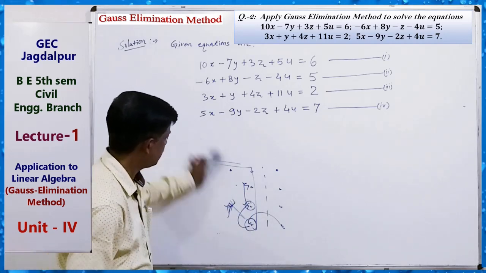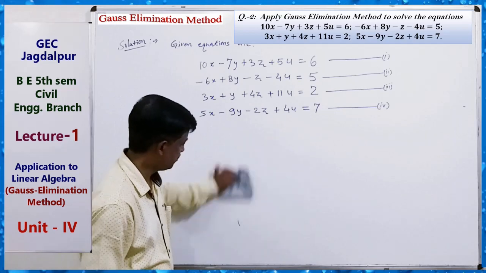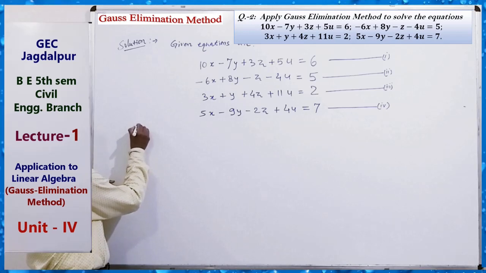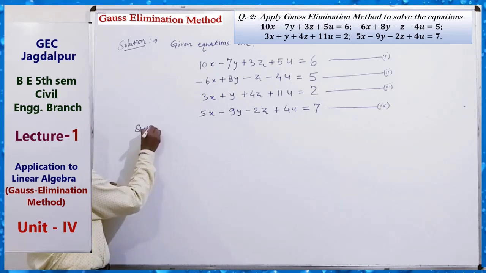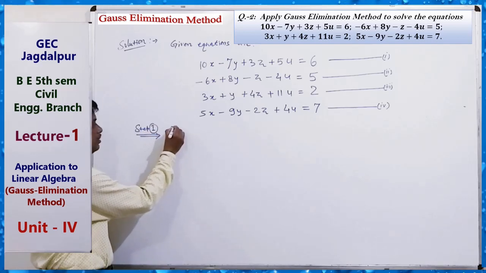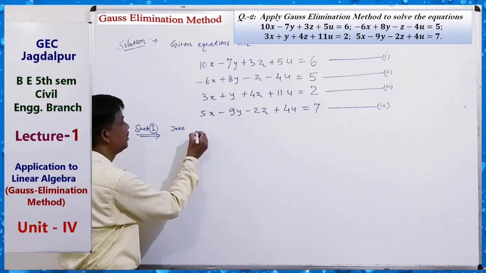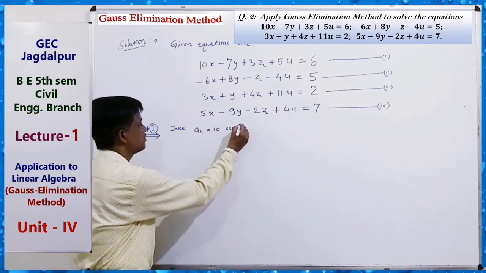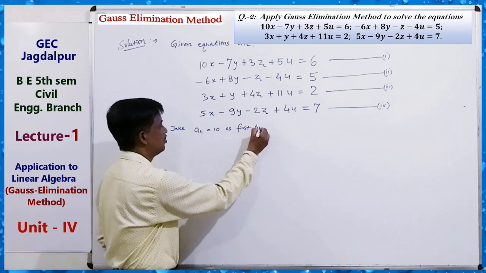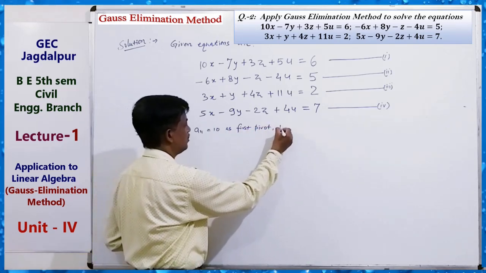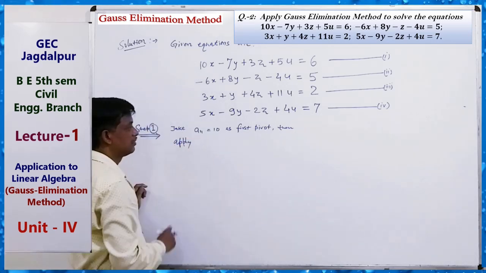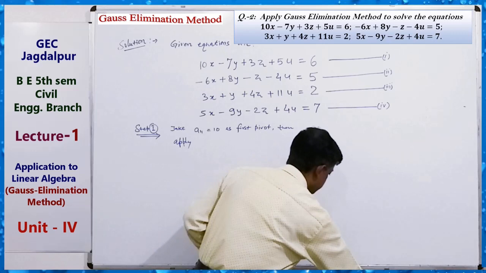So here, step by step, the first step will be what? Step first: take A11 equal to 10 as the first pivot. Then apply which operation?